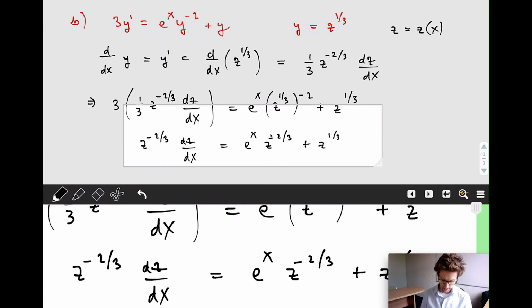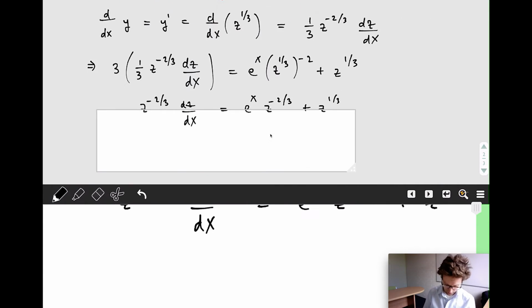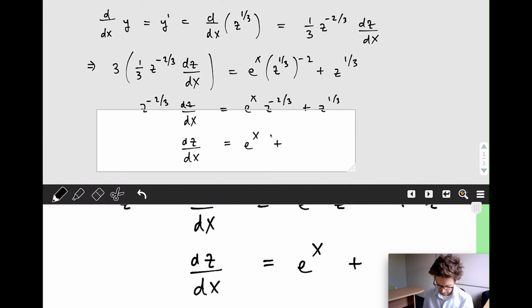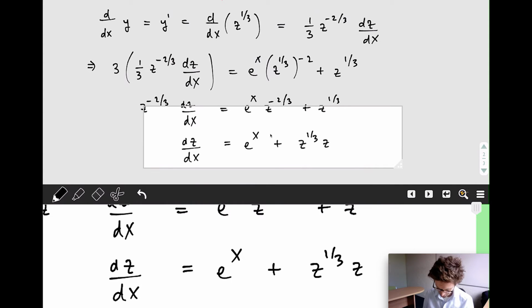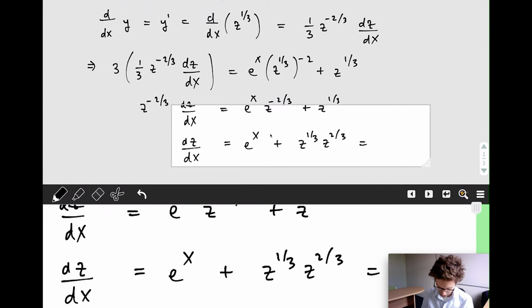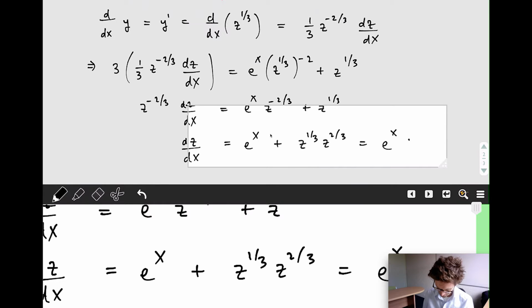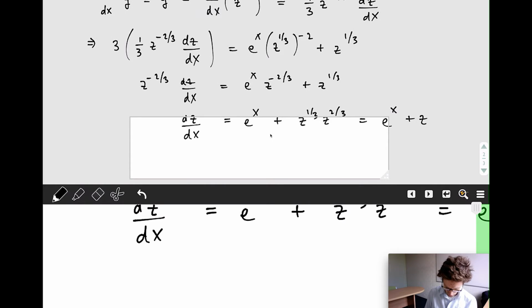So let's multiply everything by z to the 2/3 to get rid of that factor on the left-hand side, to get rid of that factor on the first term on the right-hand side, and get me z to the 1/3 times z to the 2/3, which of course is just z. So I've now got the ordinary differential equation I've been asked to derive.